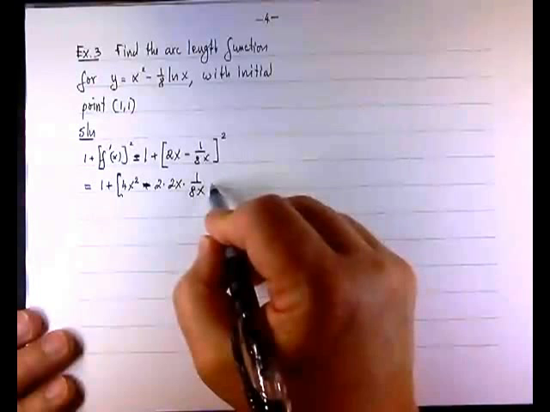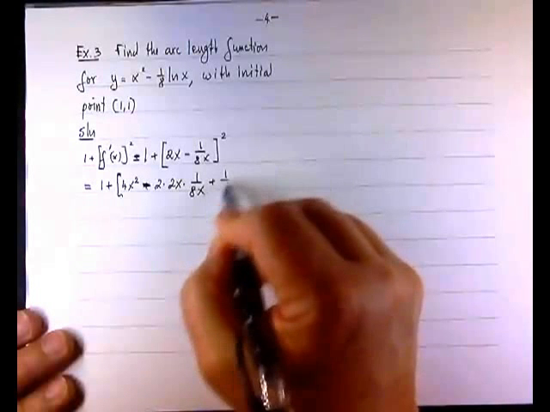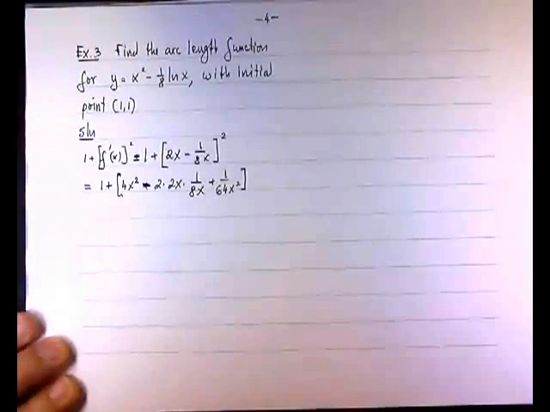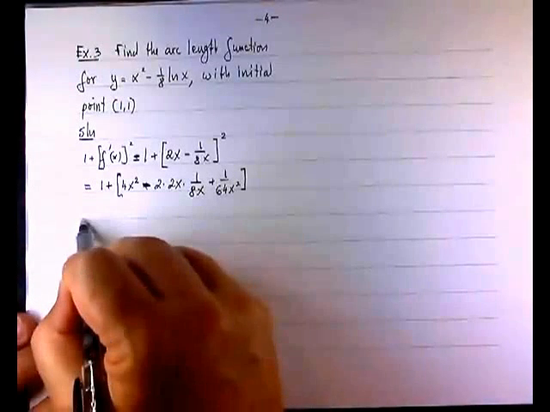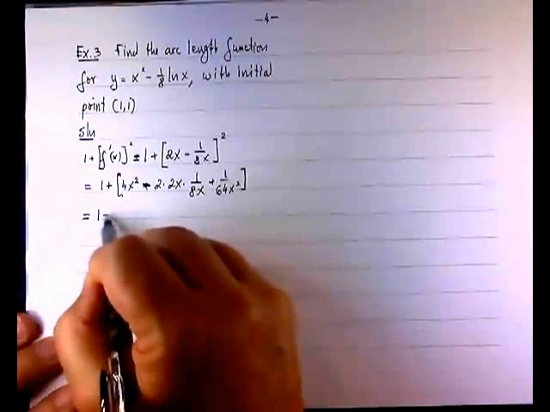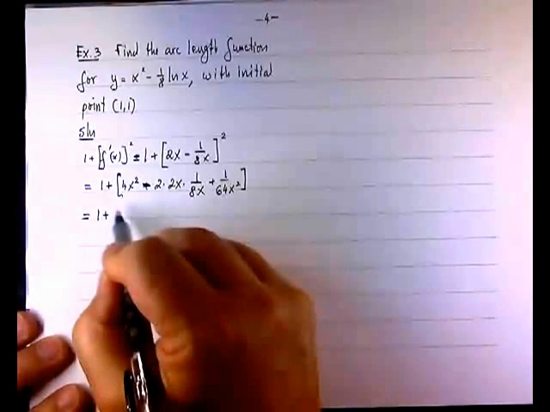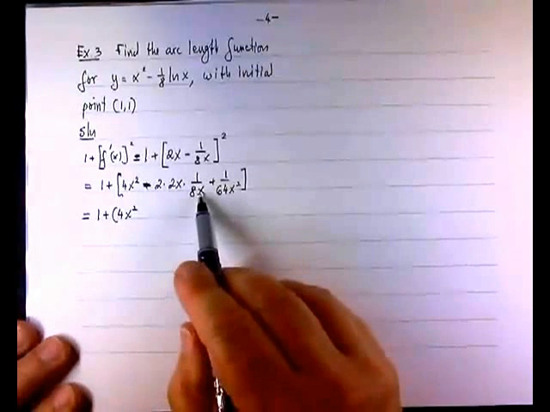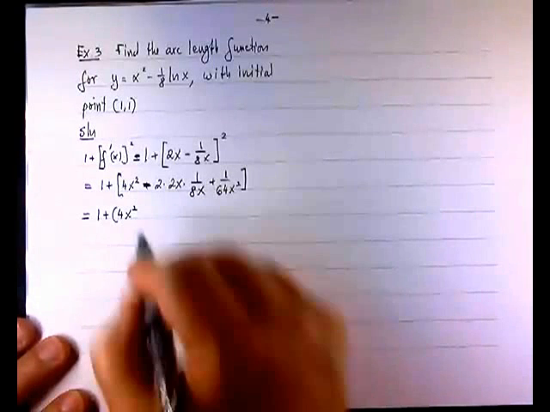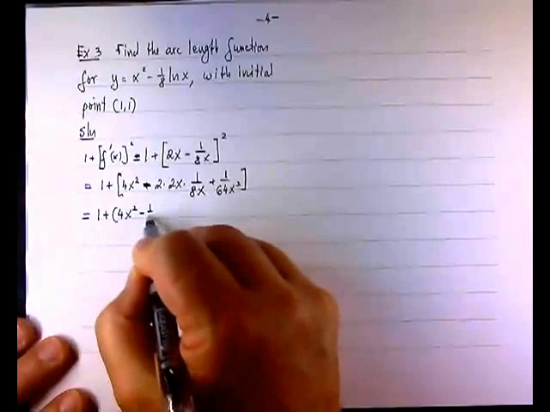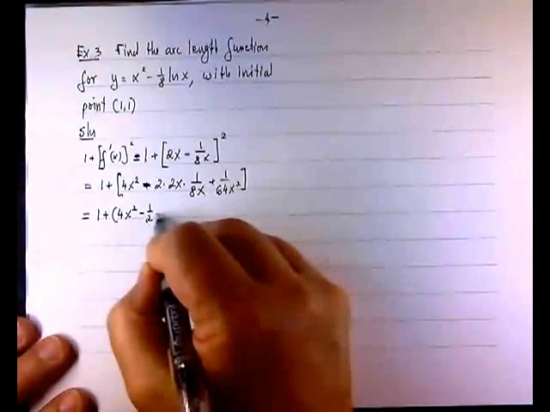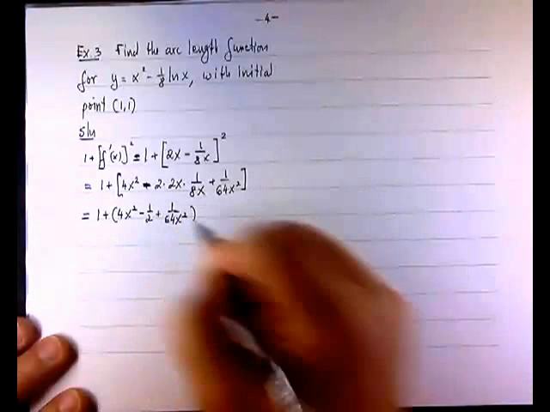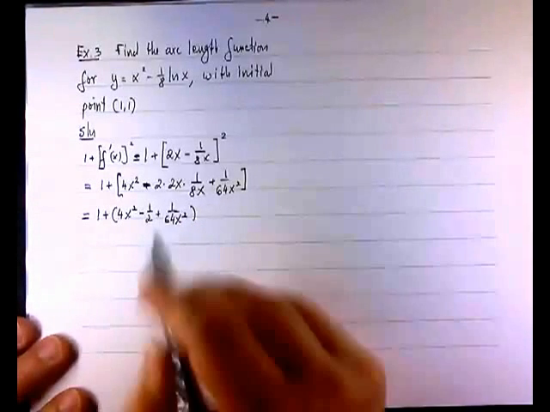This is a and this is b, so it will be 2ab. And then plus b squared, which is 1 over 64x squared. Now we continue to manipulate this, and we have 1 plus 4x squared. And look here, you have 4x over 8x, so that will be 1/2. So we have 1 minus 1/2, and here we stay with 1 over 64x squared.